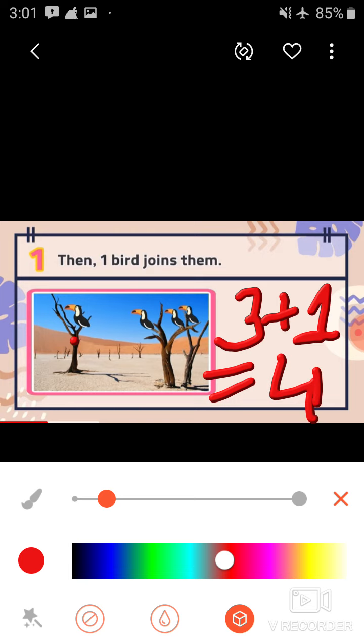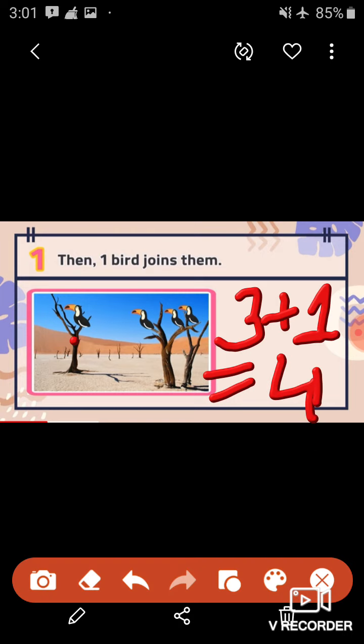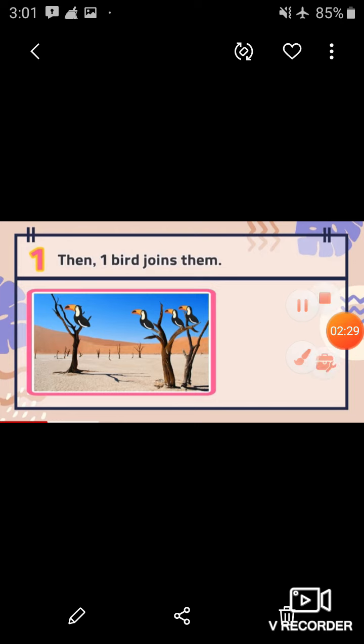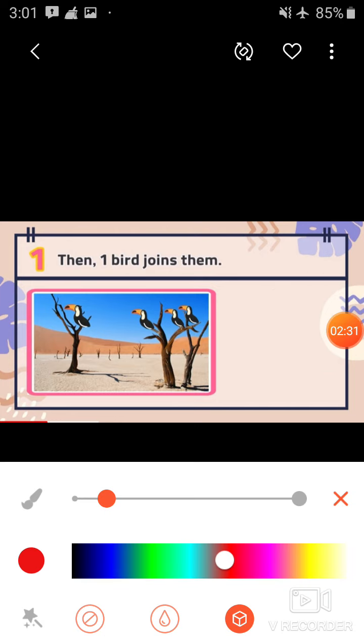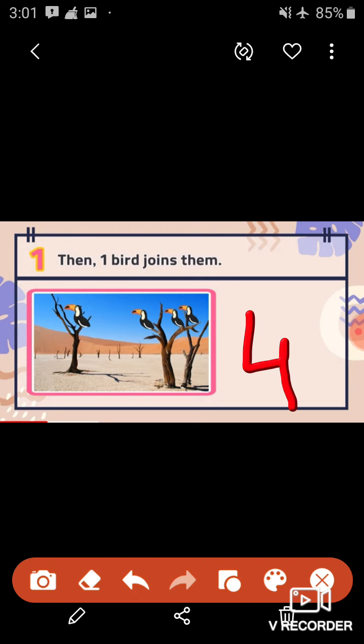So there are 4 birds in this picture. Students, addition means joining or combining. When we combine 3 birds with 1 bird, we get 4 birds.